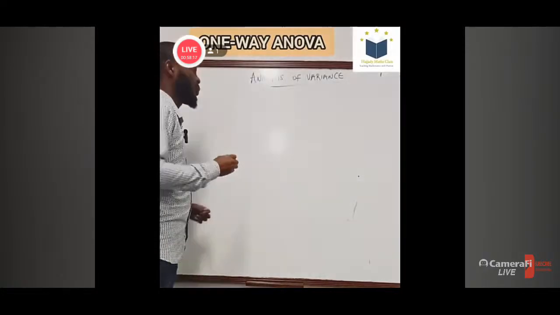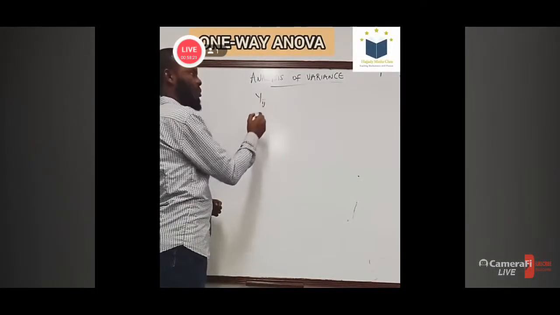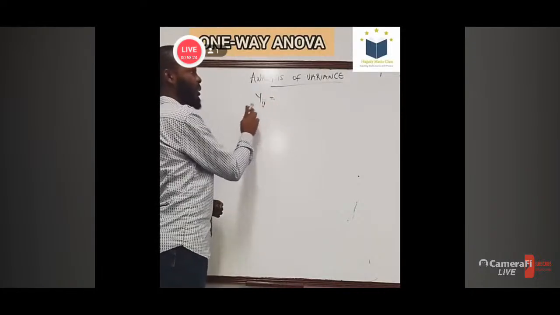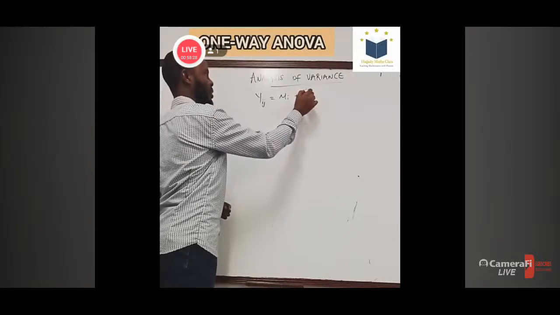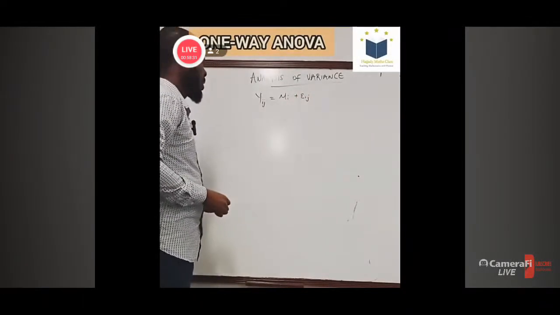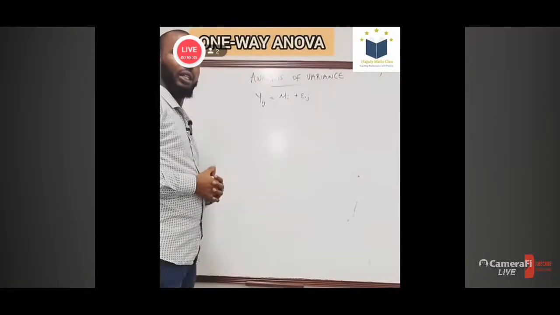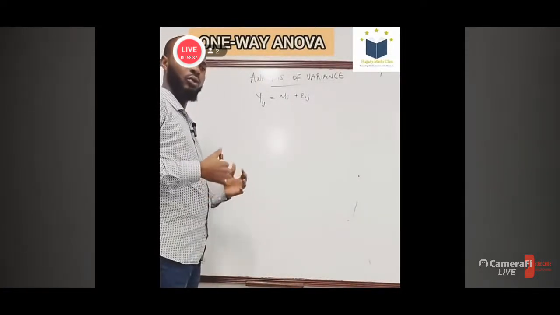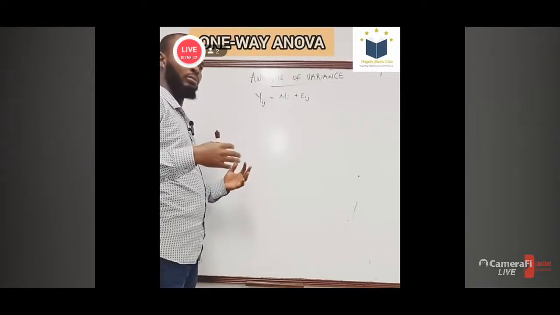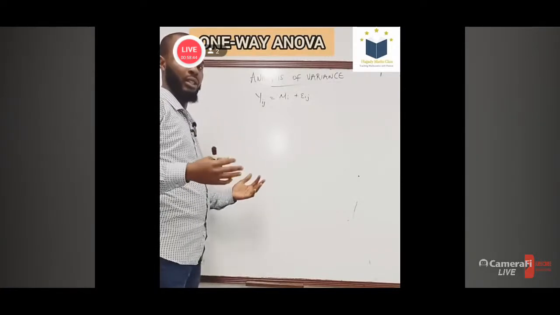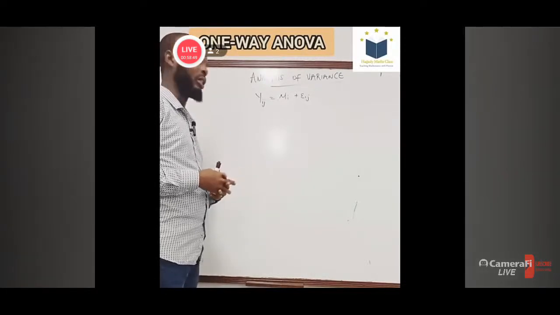Generally we should know that the model for the analysis of variance is Yij equals mu i plus Eij. And one of the basic reasons for studying this is that ANOVA is majorly used in any design of experiment, be it in agriculture or in any other field.